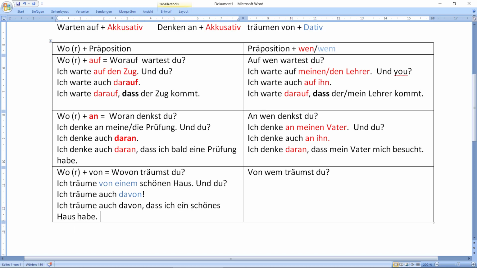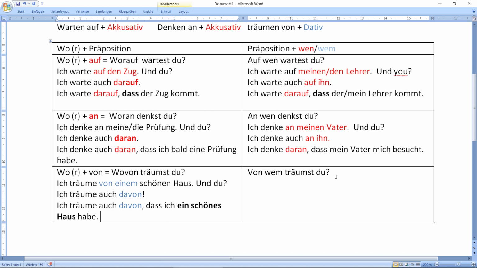So, having a nice house. In this case, we have nominative. That's why ein schönes Haus. But I'm dreaming about a nice house. That I have one nice house or a nice house.